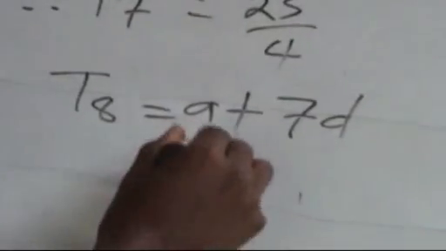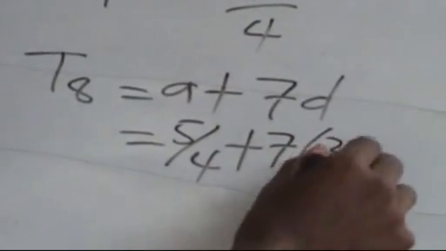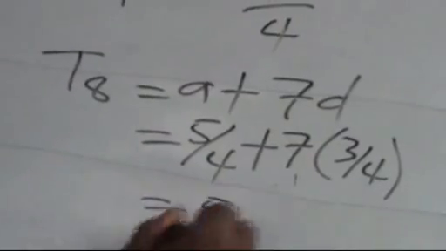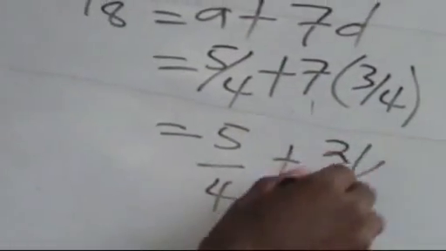Our A is 5 over 4 plus 7 into our D, which is 3 over 4. And this will be 5 divided by 4 plus 7 times 3, which is 21, divided by 4 here.